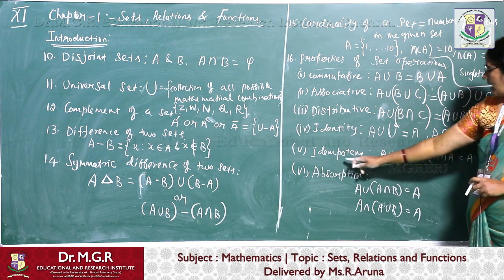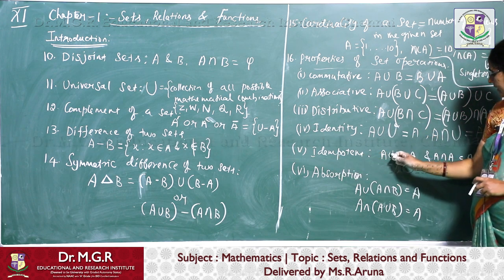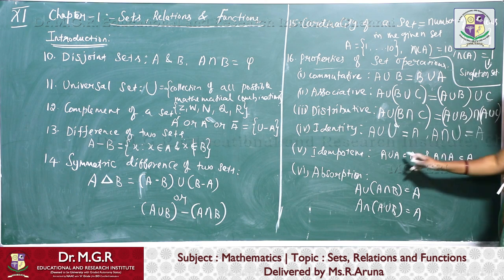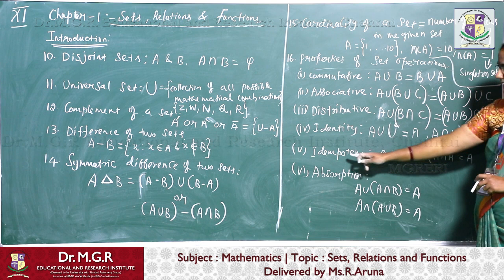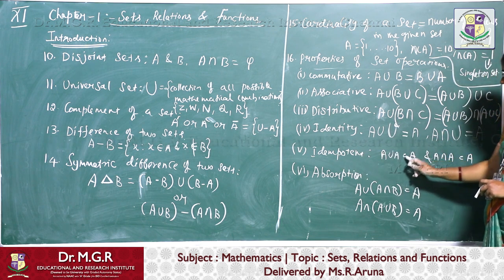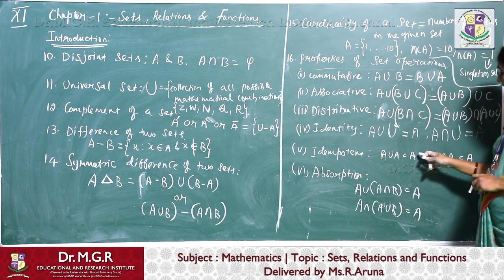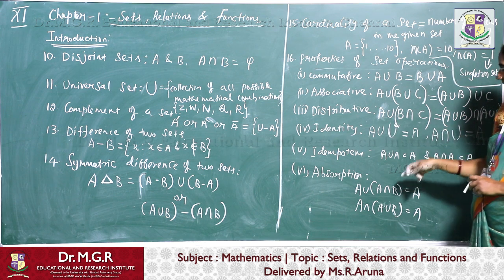Next comes idempotent. Idempotent means whenever you unite or intersect the same set, the set itself will come. If you unite A with A, then the answer is A. If you intersect A and A, then also the set is A.